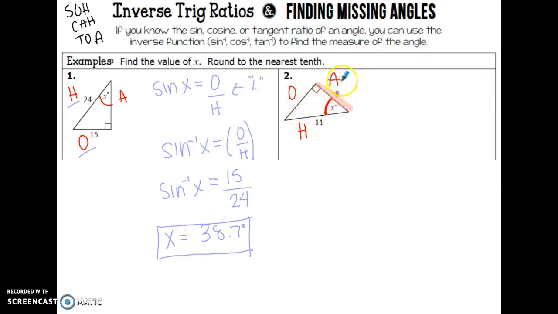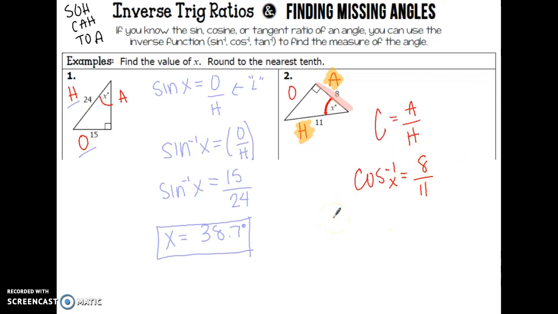I am given my adjacent side and my hypotenuse. So go ahead and solve for your x. Call me over when you are done. I will check your work, check that you input it in your calculator correctly, and check that you've gotten the correct answer. Call me over, I'll check your name off, and then we can move on.